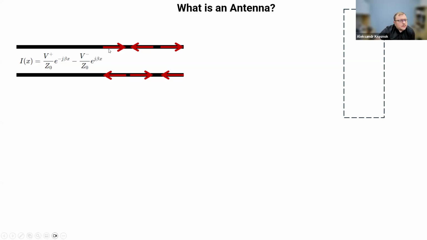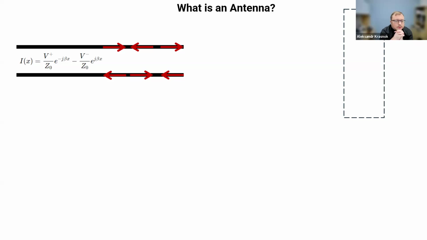For example, if at one time instant the current points to the right in the upper wire, it points to the left in the lower wire, and it changes from point to point, but always the current oscillates with opposite phase.